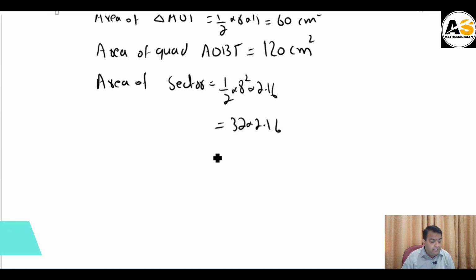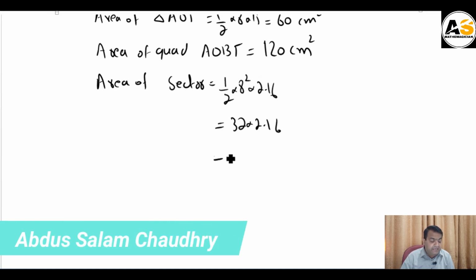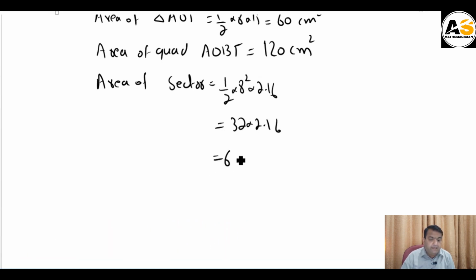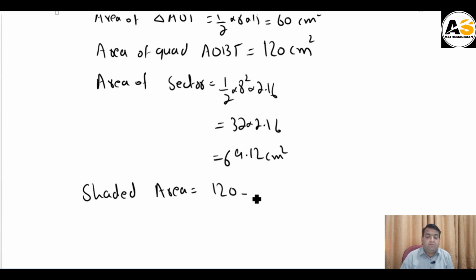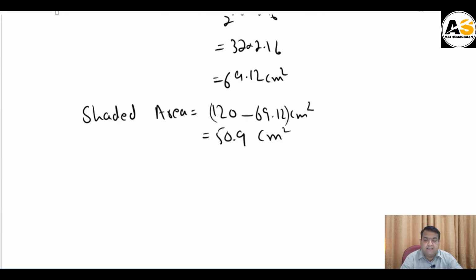If you will calculate this, area will be 69.12 centimeter square approximately. So shaded area will be area of the quadrilateral minus this area, which will be 50.9 approximately, correct to 3 significant figures, centimeter square. So this was question number 1 of today's lesson.